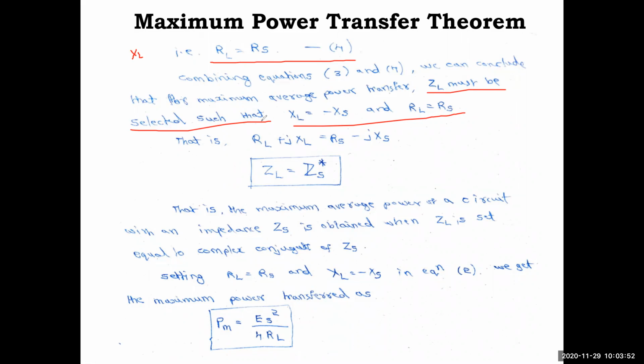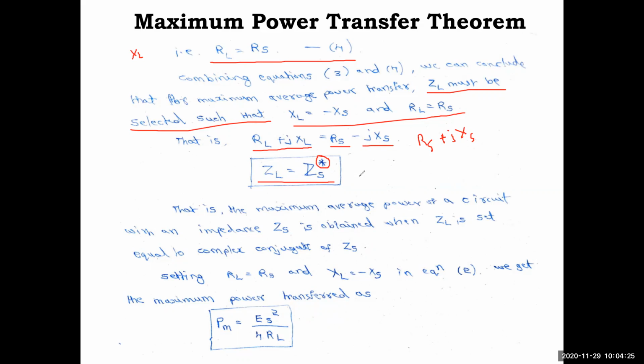That means ZL is nothing but RL plus JXL, which is equal to RS, since RL is equal to RS, and minus JXS. What is this minus term? What is ZS? It is RS plus JXS. This is ZS. But there is a minus sign, which means it is a complex conjugate. That's why the complex conjugate is shown with this symbol. So ZL is equal to ZS complex conjugate.